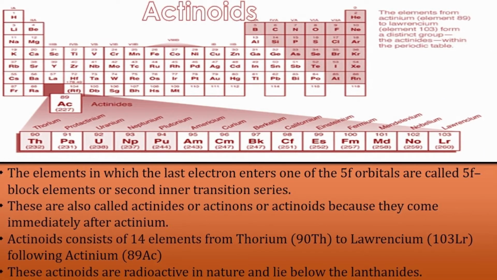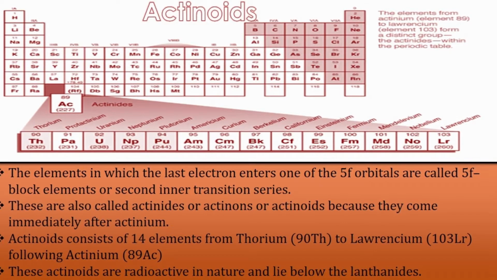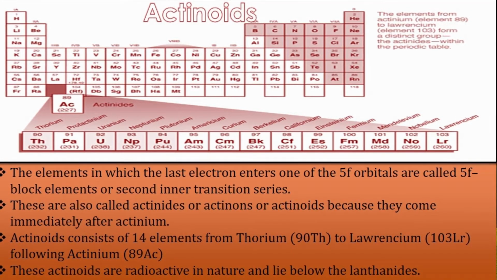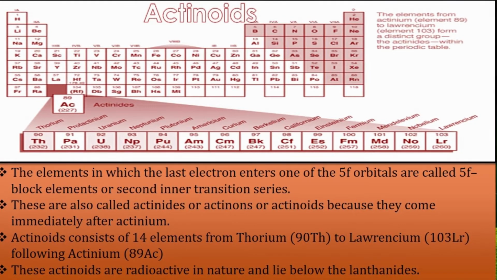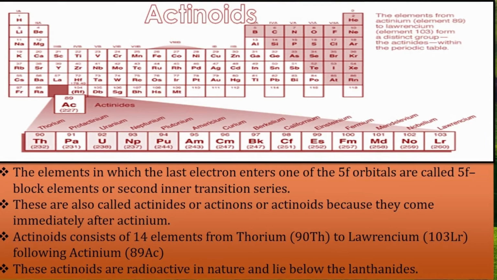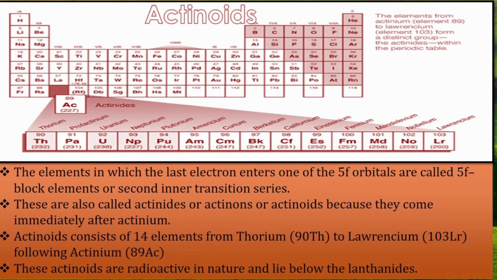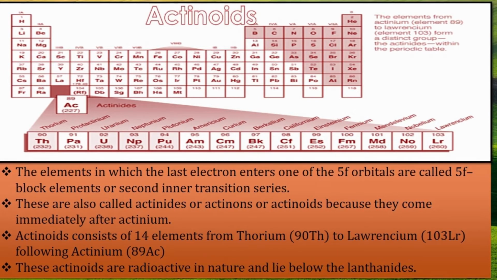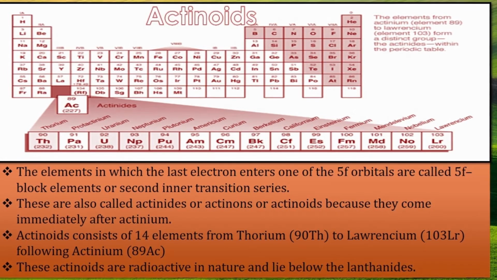The elements in which the last electron enters the 5f orbitals are called 5f block elements or second inner transition series or actinoids. You may question why 5f block elements are called actinoids.